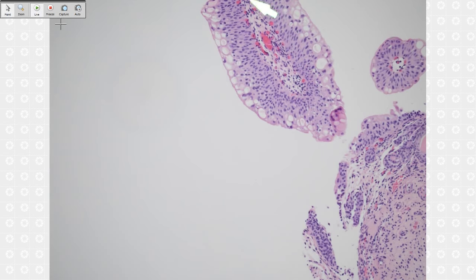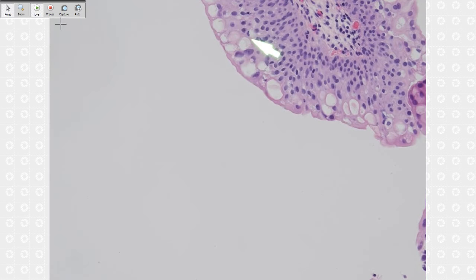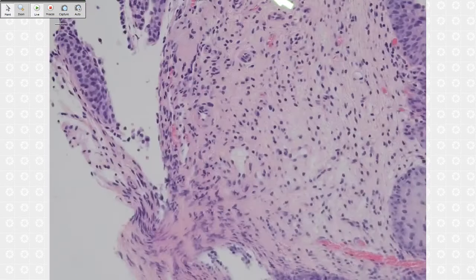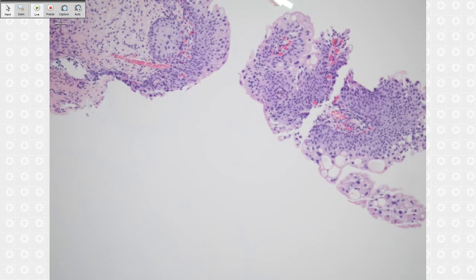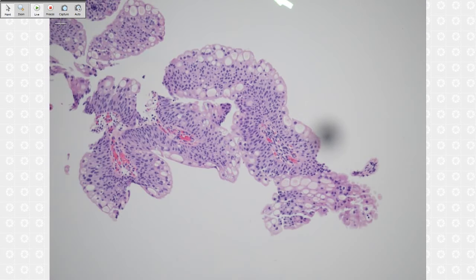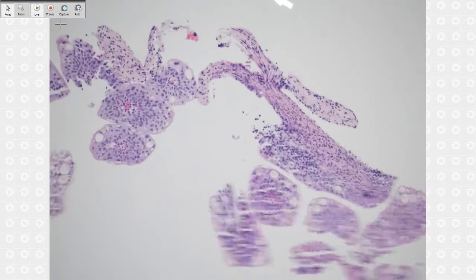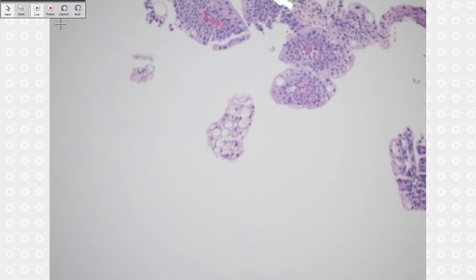At low power, you see it's all monotonous. You don't see nuclear size variation. At high power, we didn't see pleomorphism, and we didn't see a mitotic figure either. So what's the diagnosis for this one? That's correct, this is urothelial papilloma, a very classic type.